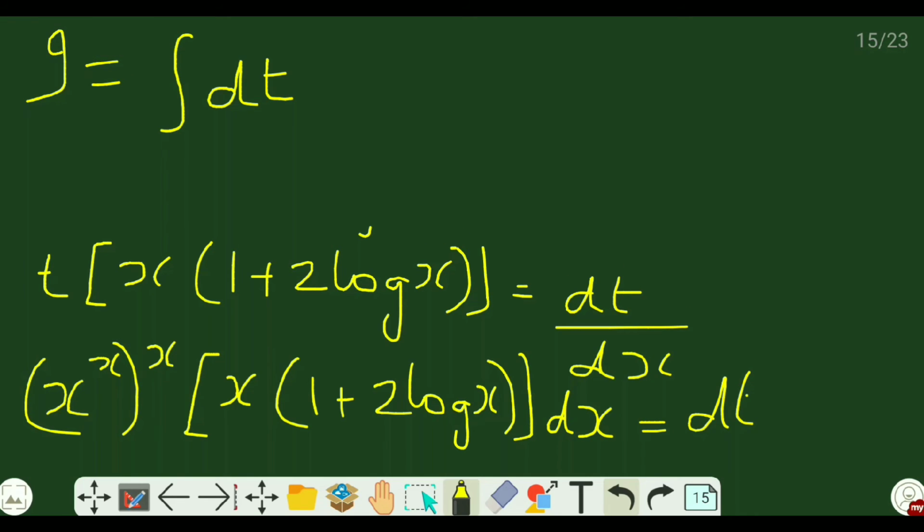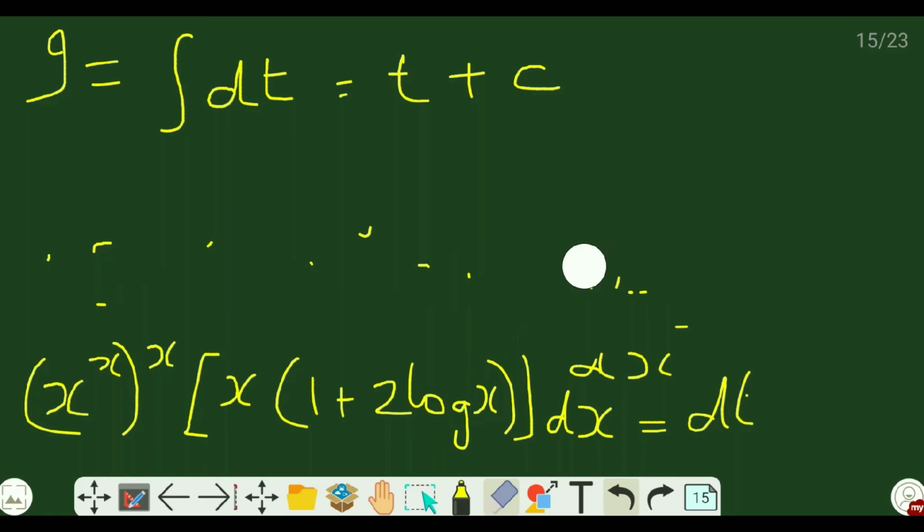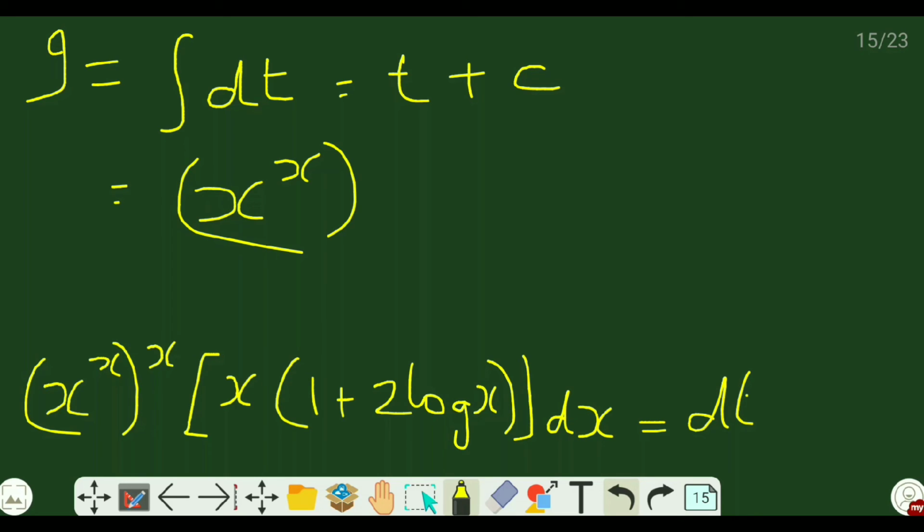The integral of 1 is x, or in this case it is t. So our answer is t plus c. And what was t? t was actually x raised to x the whole raised to x. So we get x raised to x the whole raised to x plus c.